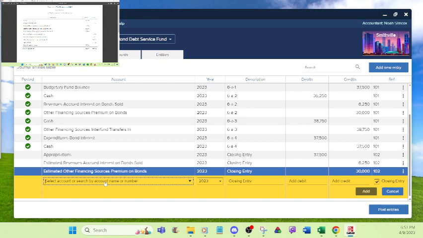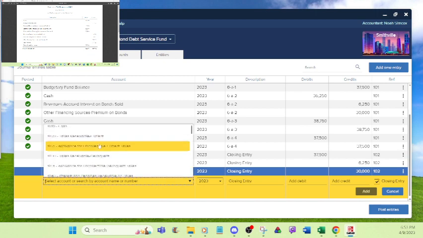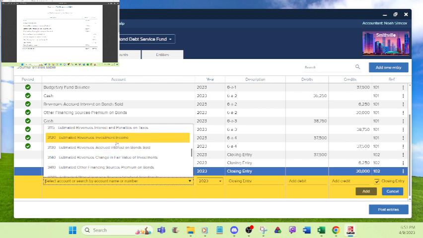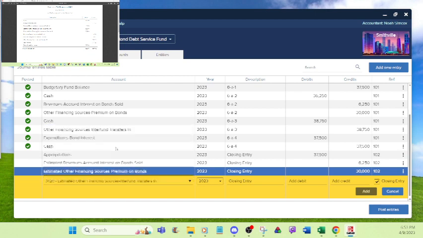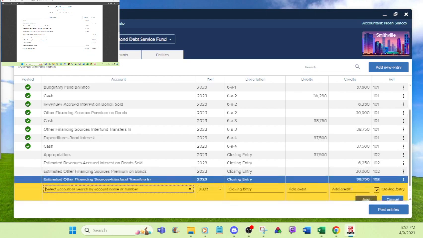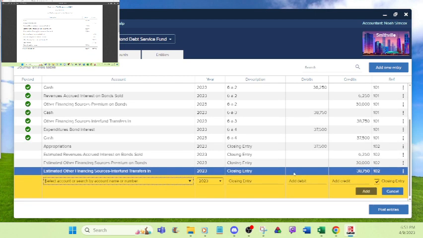Estimated other financing sources, interfund transfers. Is budgetary fund balance.